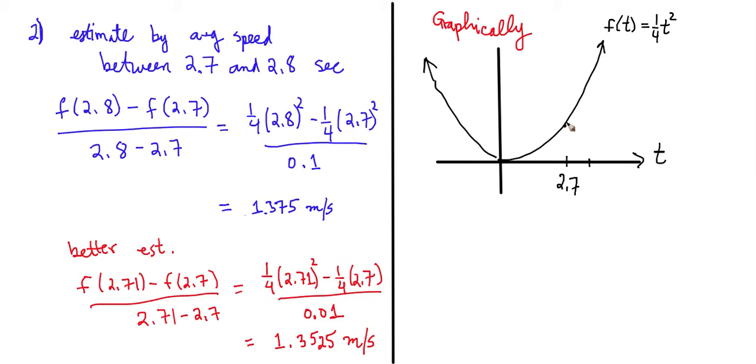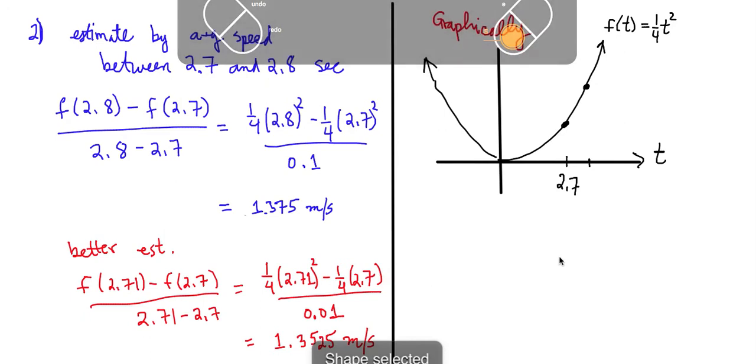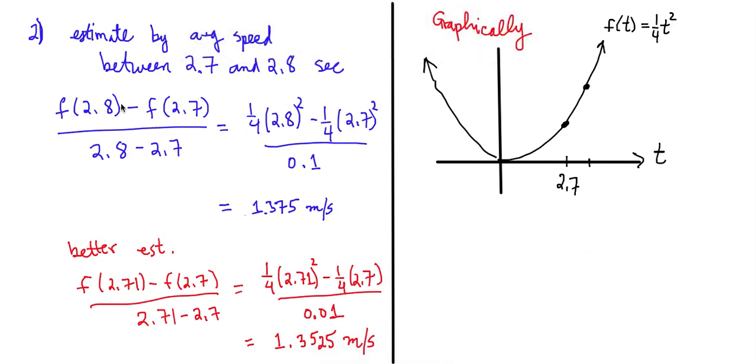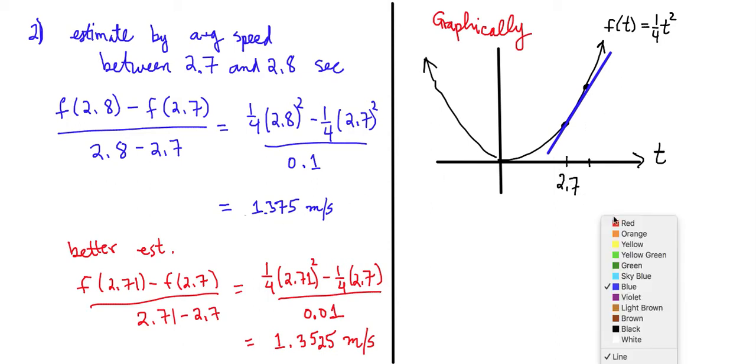Well, when we calculated this number here, what we're effectively calculating is the slope of this line. Let me explain a little bit more about what I mean. Just think about this. This is change in y over change in x. So what is change in y over change in x if it's not the slope, right? So really 1.375 is the slope of this blue line right here.